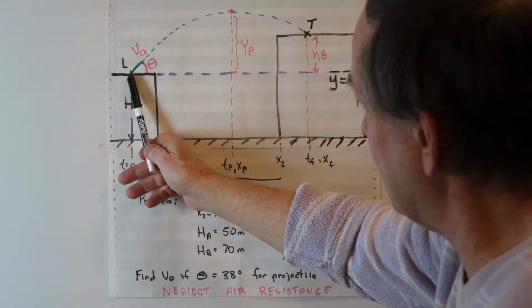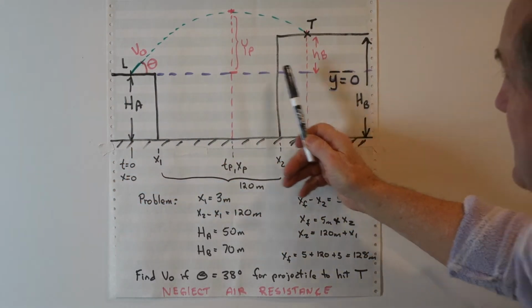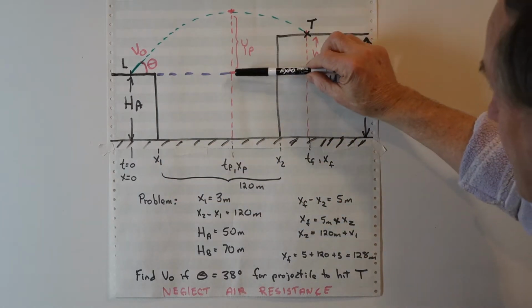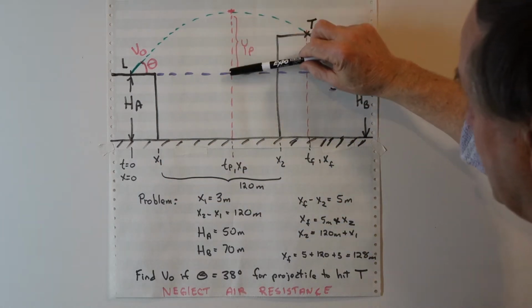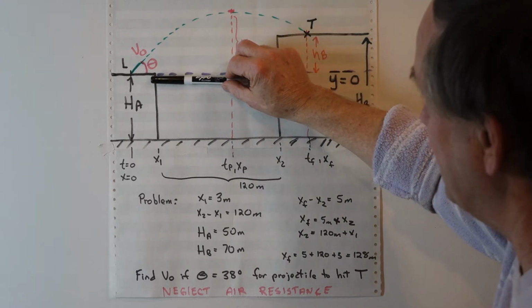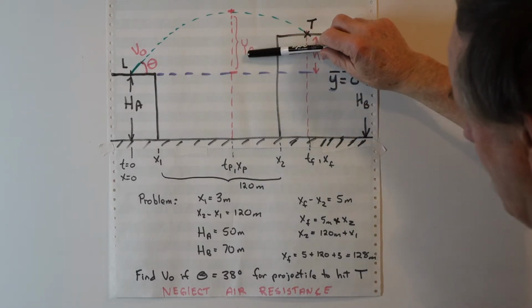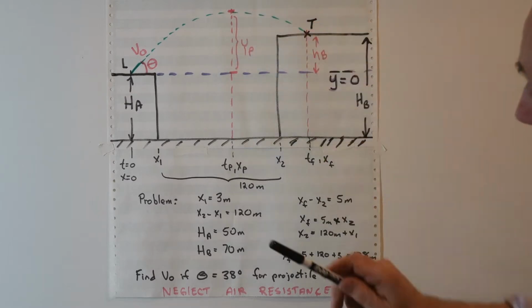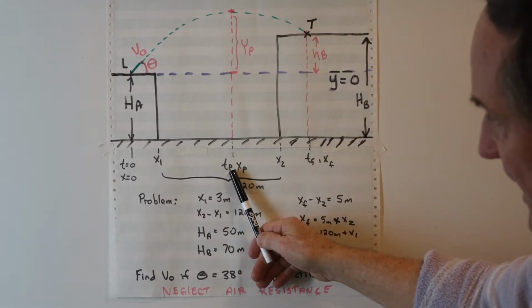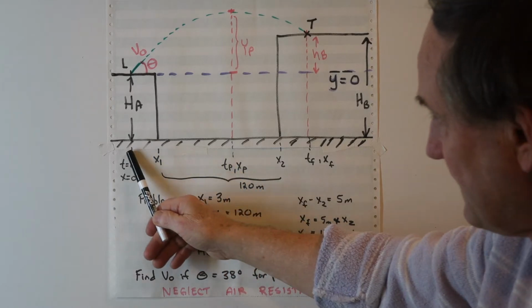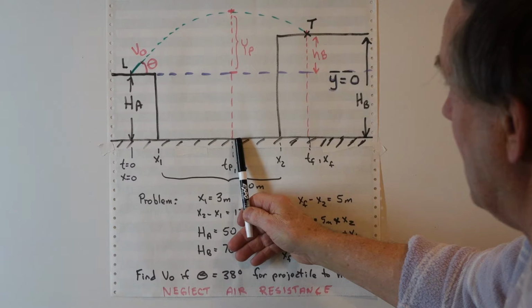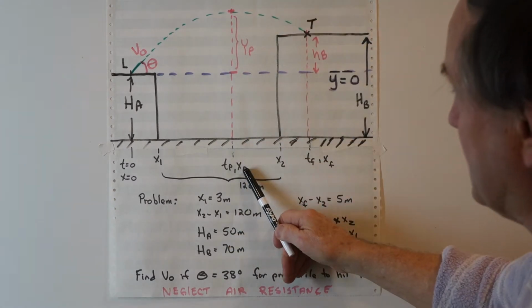So we'll set y equals 0 at the height of the lower building, and then our height with respect to the height of building A will be yp. That will be the maximum height of the projectile, and that will occur at time tp, and the x distance along at the peak will be xp.